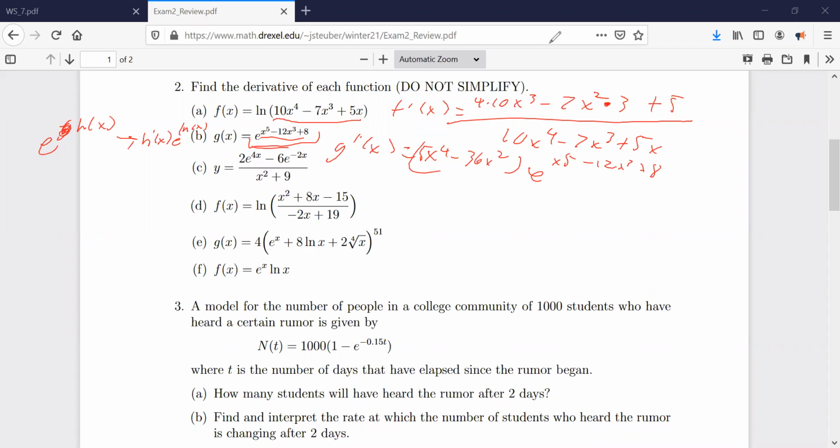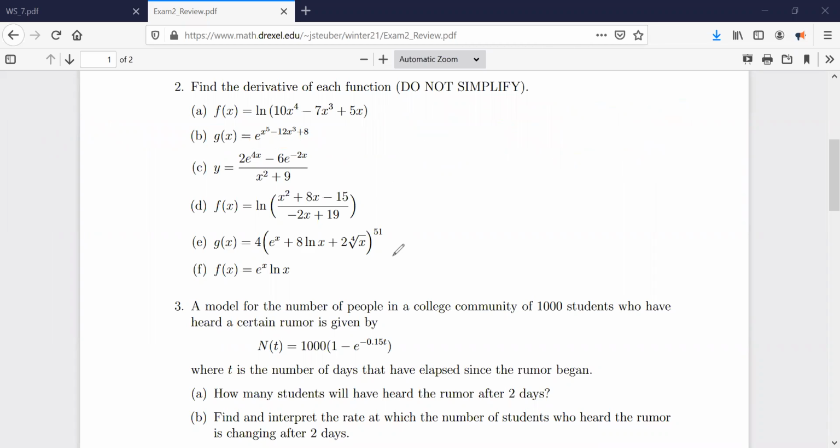So that guy right there is A and B, and then I will do G and jump on to the next section. So G here, G prime of x is going to be equal to 4 times 51 from this guy, and then I have to do the derivative of the inside, so it's e to the x plus 8 over x plus 2 times 1/4 x to the negative 3/4.